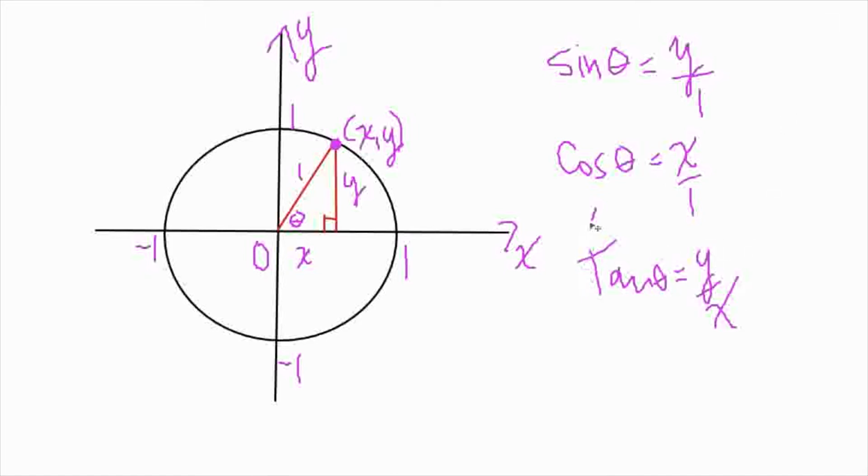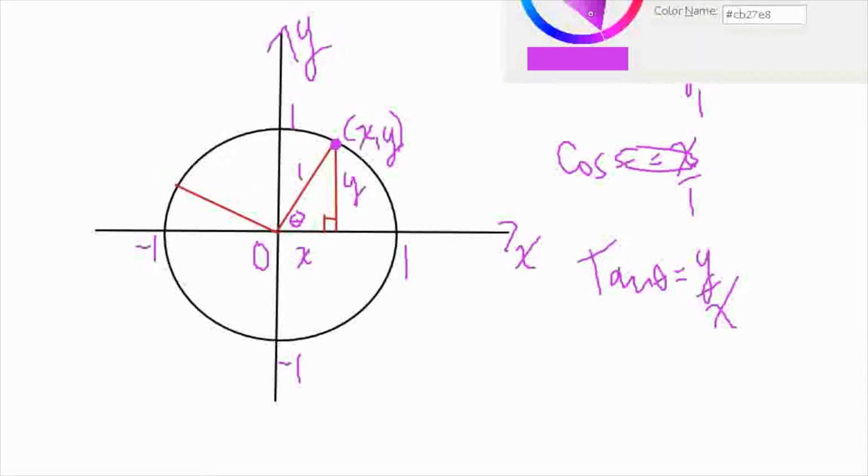All right, and what they did to generalize this is they said, if it's not in that first quadrant, so even if you have an angle way out here, that's the obtuse one I was talking about, let's give that a different name instead of theta.